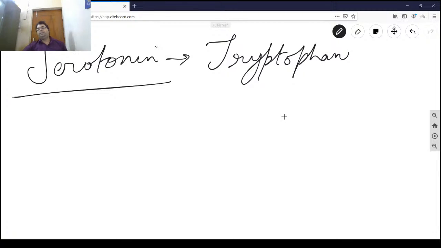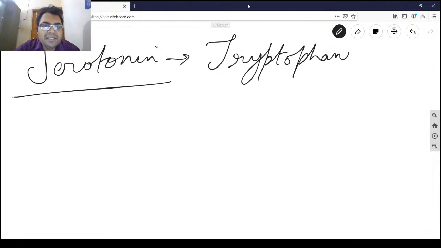Tryptophan is hydroxylated to 5-hydroxytryptophan, which is then converted to 5-hydroxytryptamine, leading to the formation of serotonin.